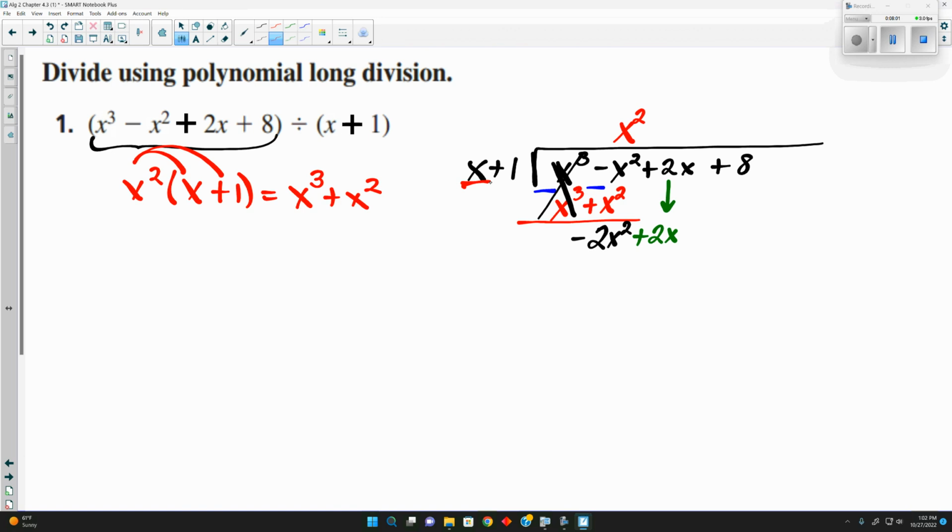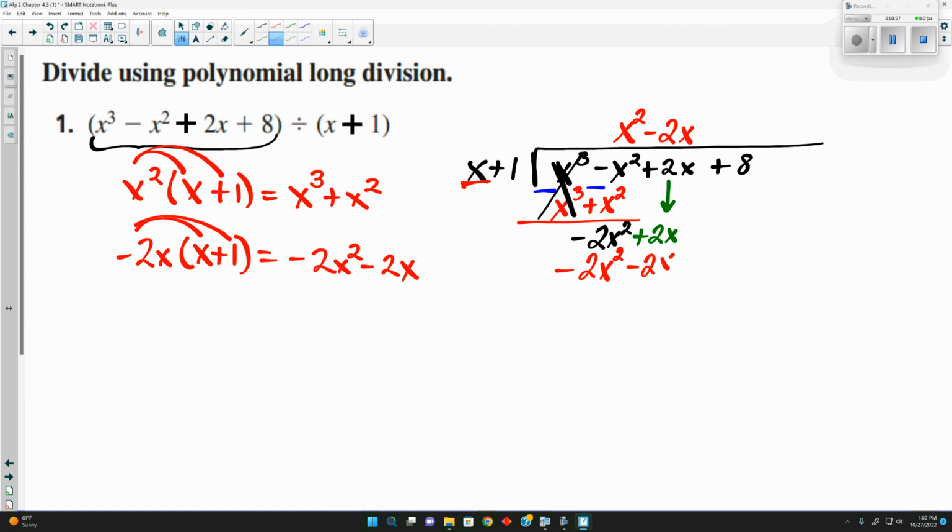It should be negative 2x, because negative 2x times x should give us negative 2x squared, because we're trying to simplify one spot at a time. Negative 2x times 1 is negative 2x.